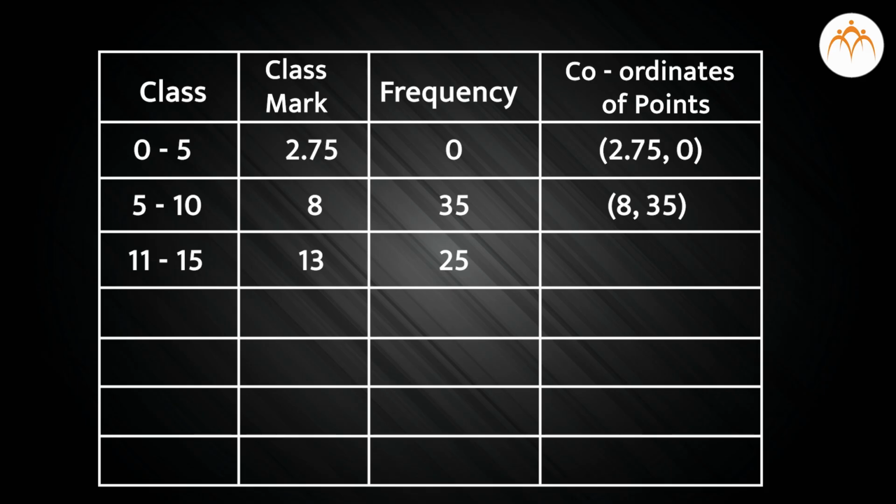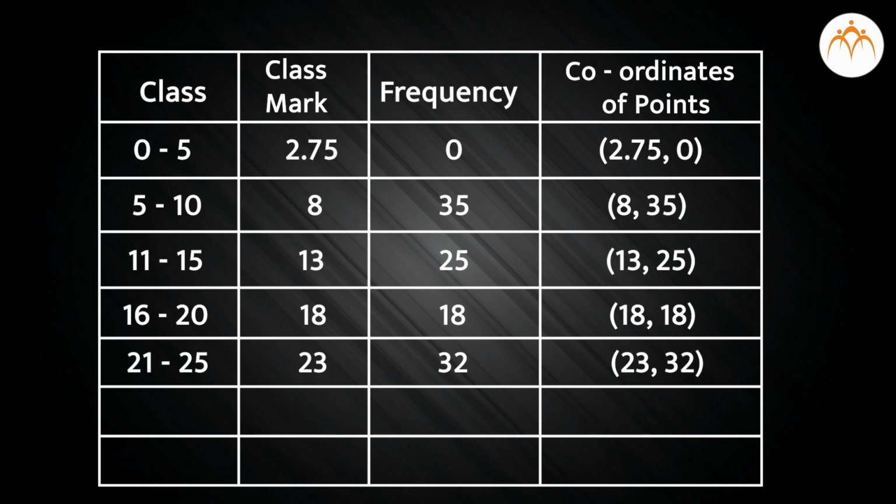For class 11 to 15, class mark is 13, frequency is 25, therefore the coordinates are 13, 25. For class 16 to 20, class mark is 18, frequency is 18, therefore the coordinates are 18, 18. For class 21 to 25, class mark is 23, frequency is 32, therefore the coordinates are 23, 32.